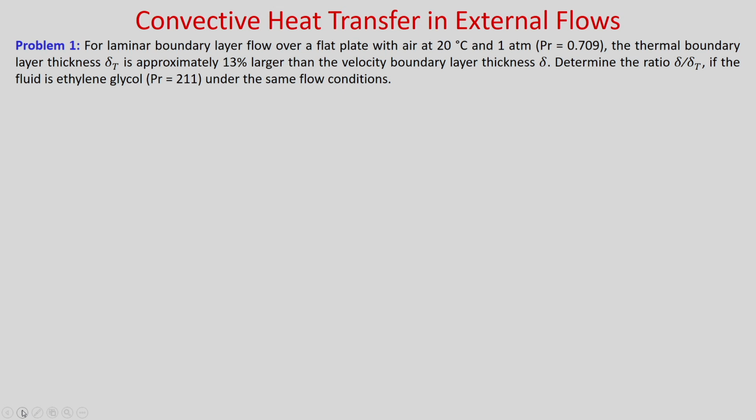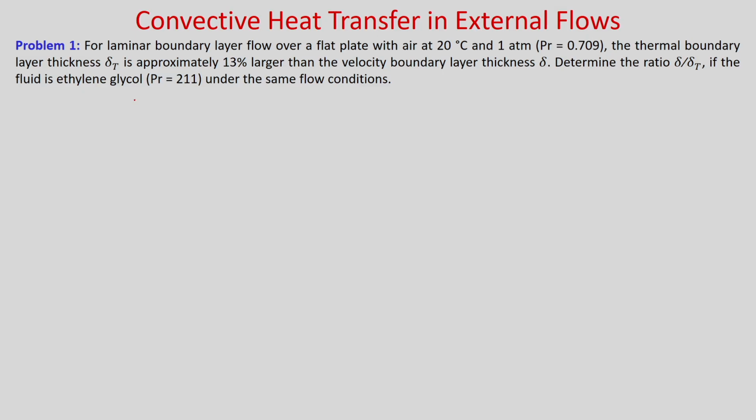Determine the ratio delta by delta T if the fluid is ethylene glycol, Prandtl number is equal to 211 under the same flow conditions. So, you can see for a given condition delta by delta T is given. Now, we need to find the delta by delta T for ethylene glycol where Prandtl number is given.